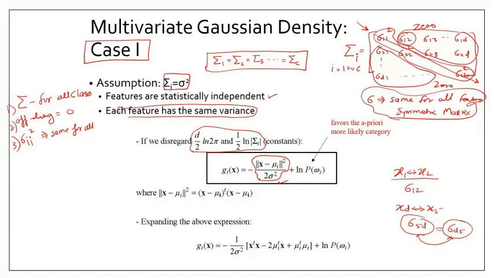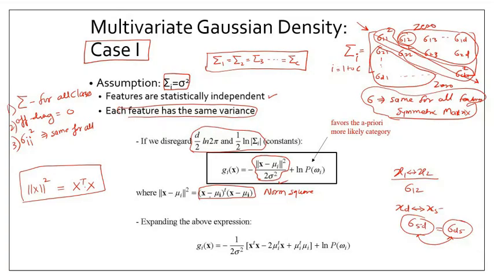Where this first term now is nothing but this. This is called the norm square of a vector. So x transpose x is called the norm of a vector, that is the length of a vector square. Remember this.